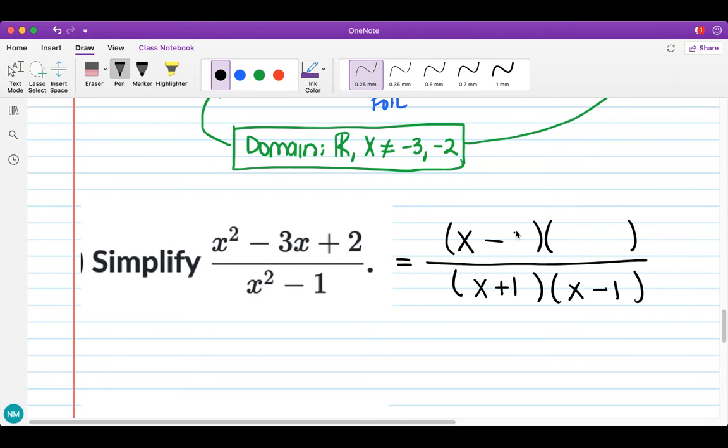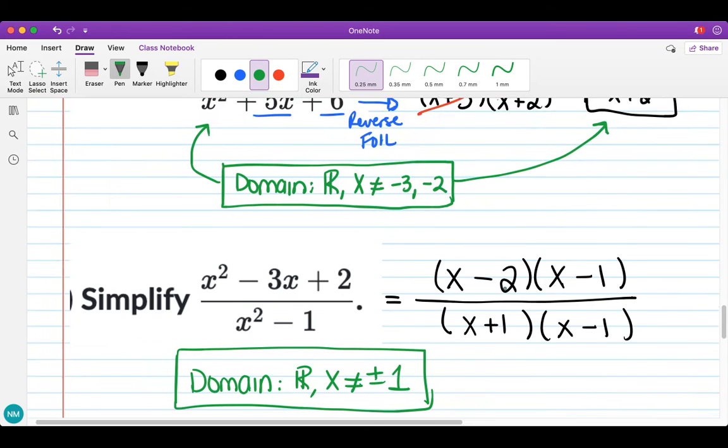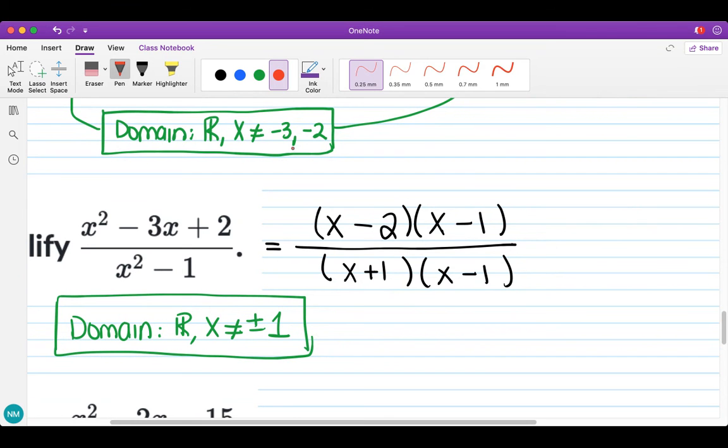So it's going to be x minus 2 and x minus 1. And so my domain is all real numbers, but x cannot equal plus or minus 1. And then I can cancel out what? My x minus 1.